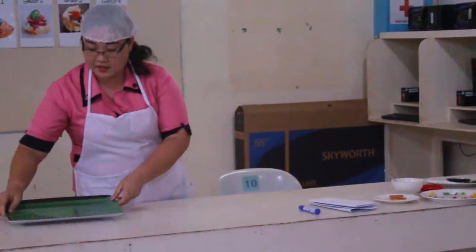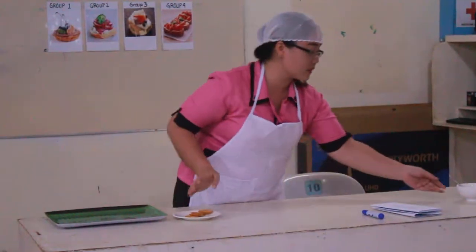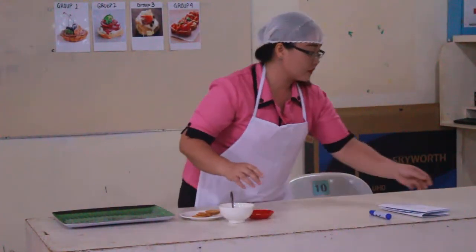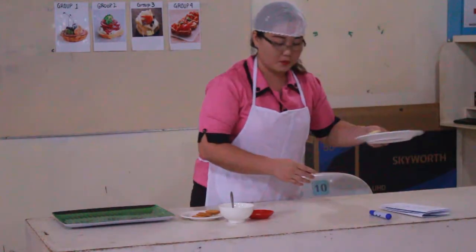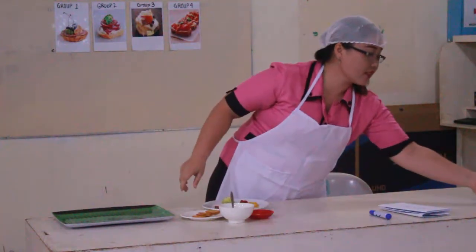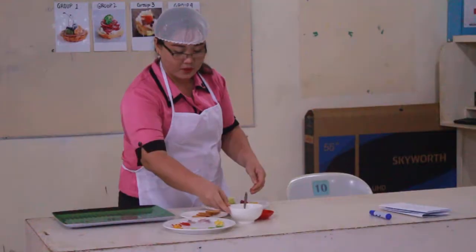So here's my serving plate, my base, of course, my spreads, the main body, and then my garnish here. So as you can see, I have many options in my garnish.